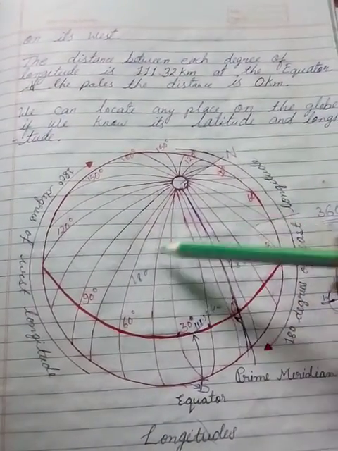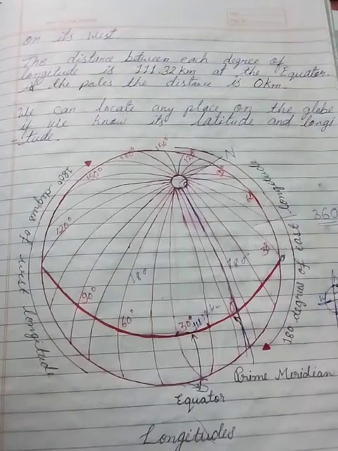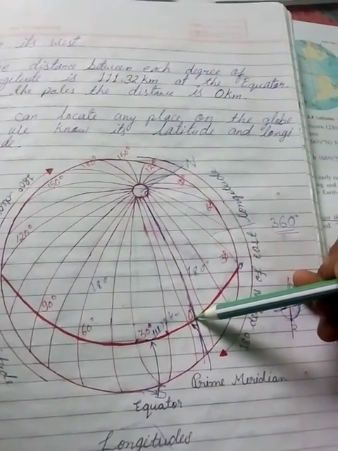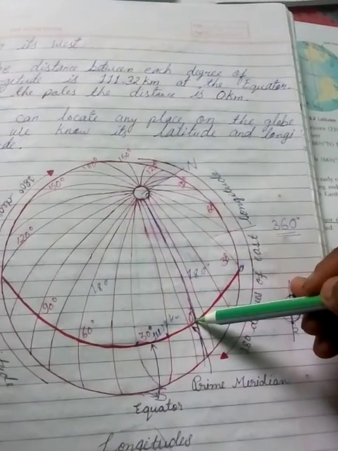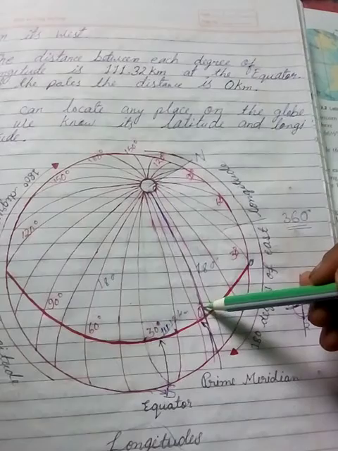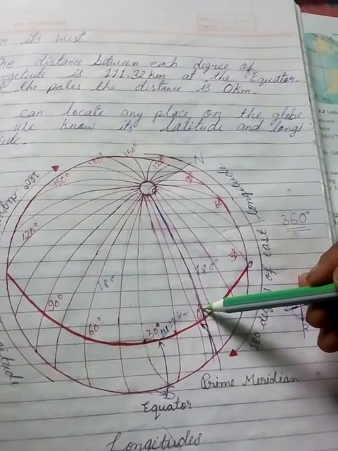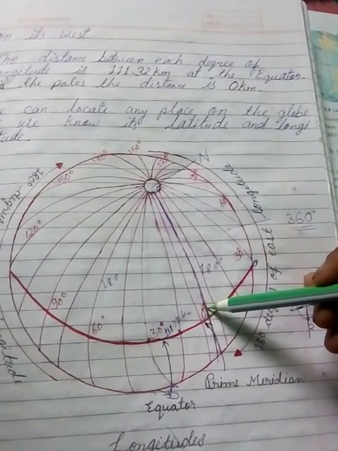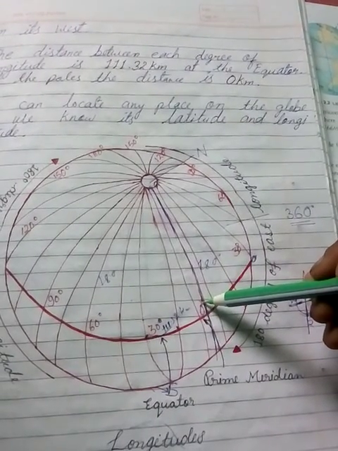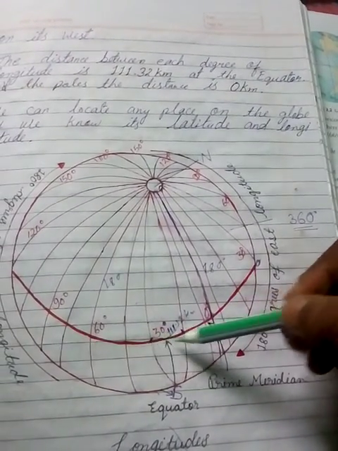The total number of longitudes is 360. The central longitude, called the prime meridian, starts from Greenwich in England, so it is called the Greenwich meridian, and it is regarded as 0 degrees.